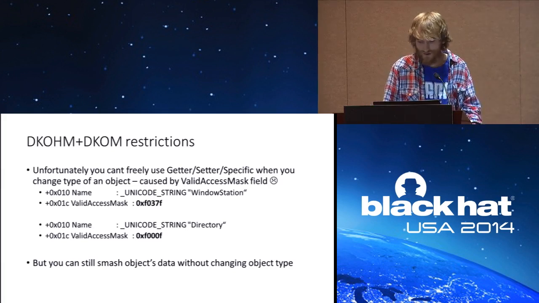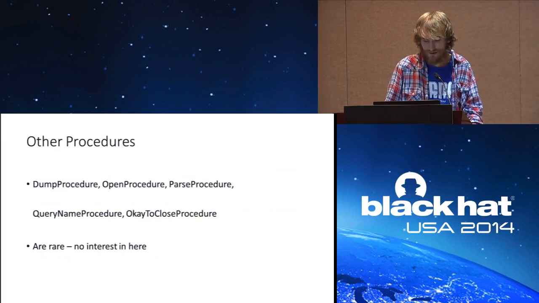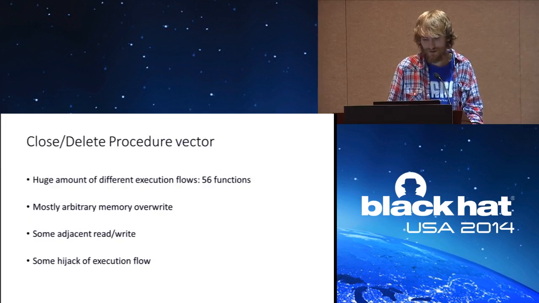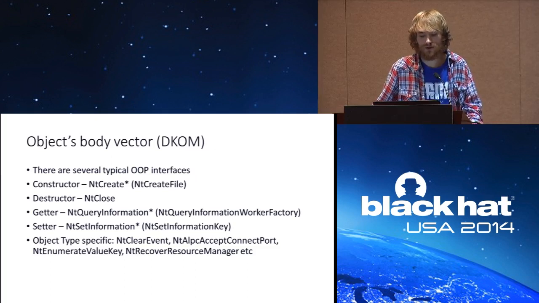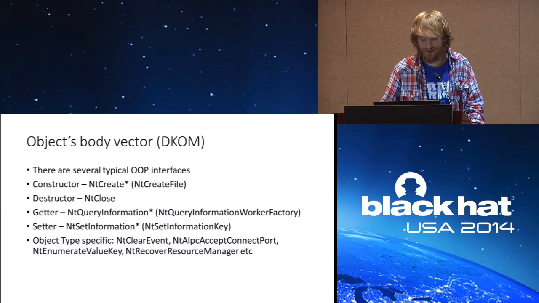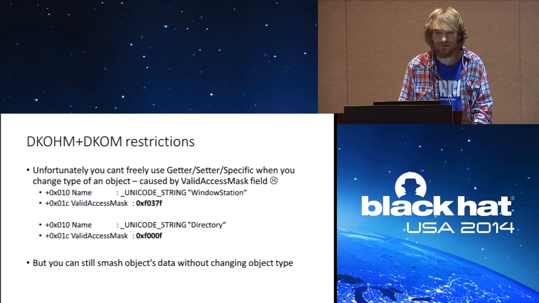But the thing is, when you use procedures, there is no such check. So with procedures, with this vector, like close, delete, secure, you can change the object type from A to B without any restrictions. But unfortunately, with this method using getter and setter, there is a limitation.